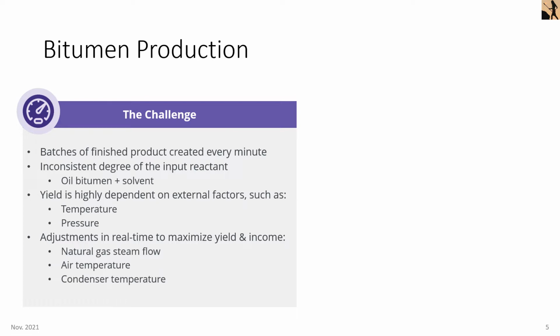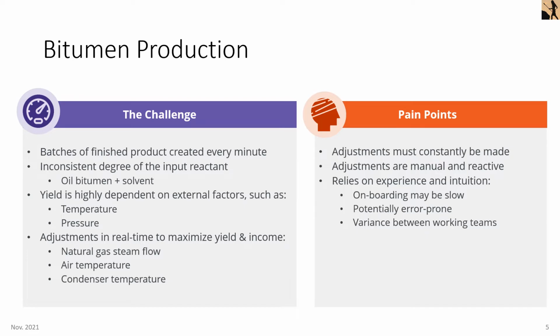And then the yield is highly dependent on external factors such as the temperature, pressure, and adjustment in real time to maximize the yield and the income, including something like the natural gas steam flow or air temperature or the condenser temperature. So specifically, the pain point is this: the adjustment must be constantly made in order to get a better yield.